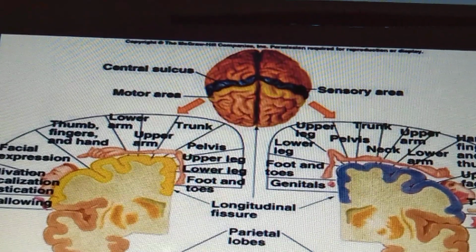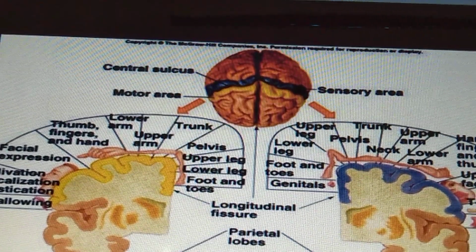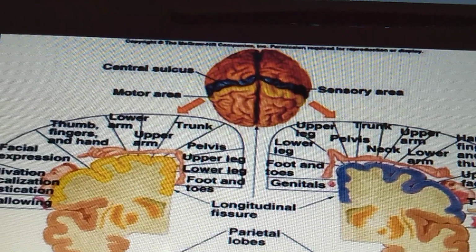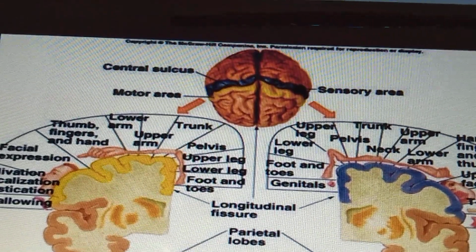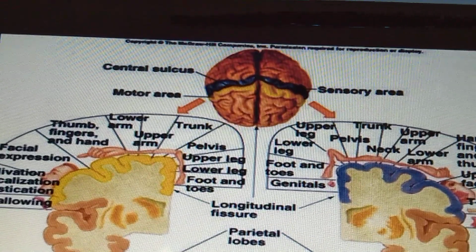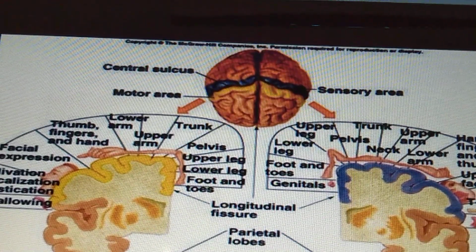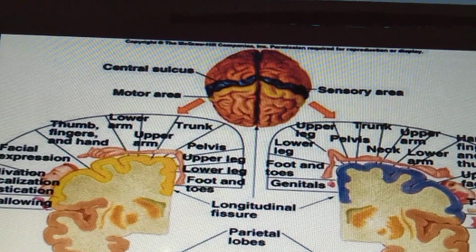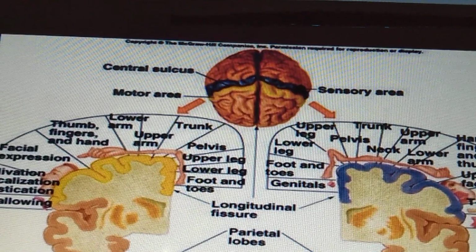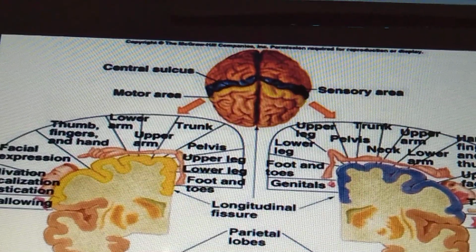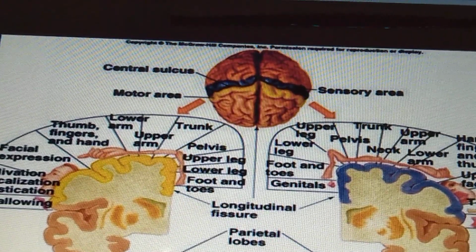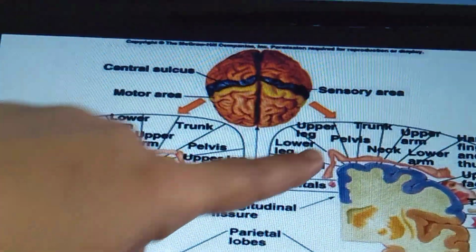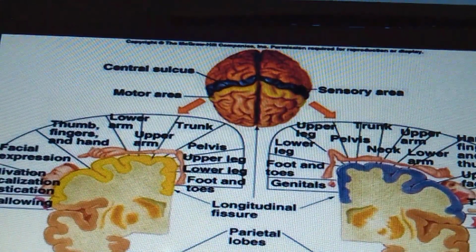The area of the cortex that receives sensations from a particular part of the body is not proportional to the size of that part, but rather to the intricacy of the sensations received from it. Now we have learned in the motor area, similarly here the area that is covered by the different parts that you see here again depends upon the sensation.